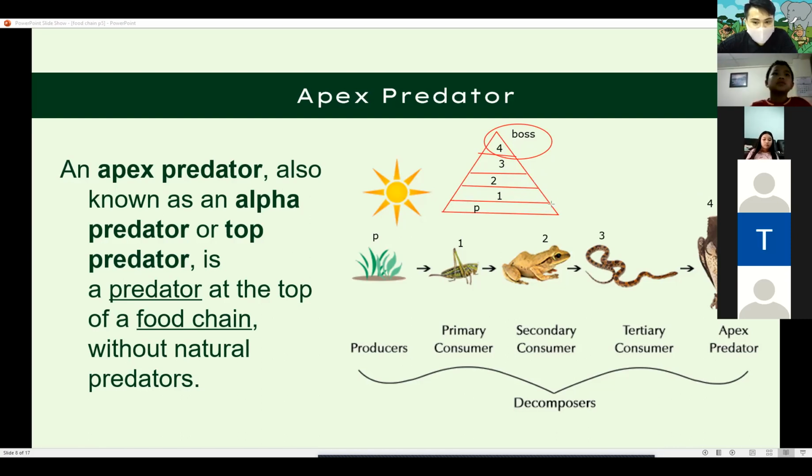Secondary can eat primary only, or can be the producer. But in number 1, they eat only the producer. They cannot eat the secondary, the tertiary, and then the apex predator. Understand? Yes.